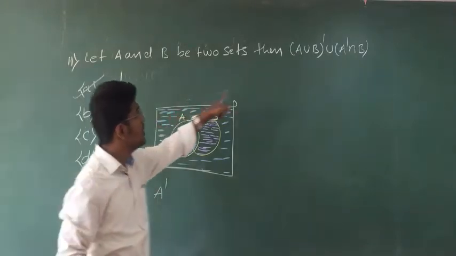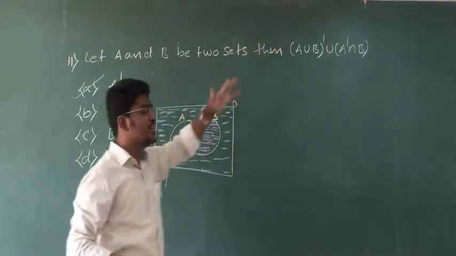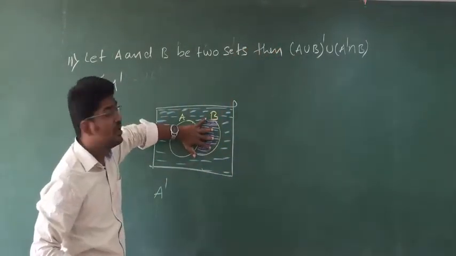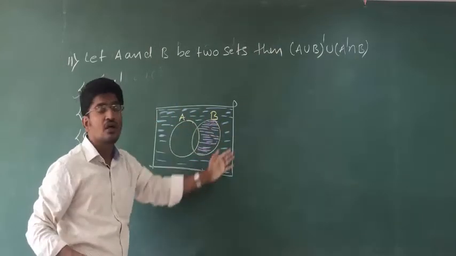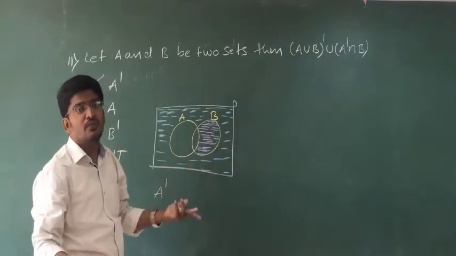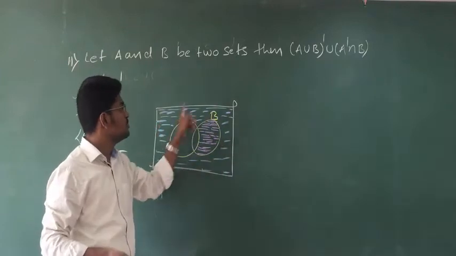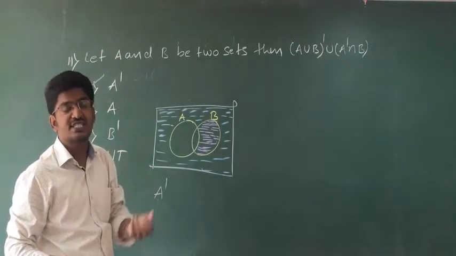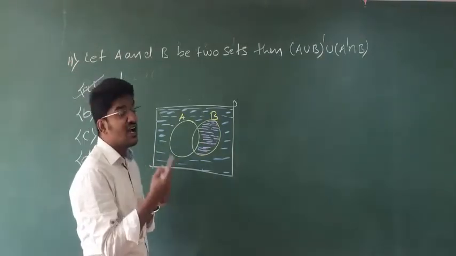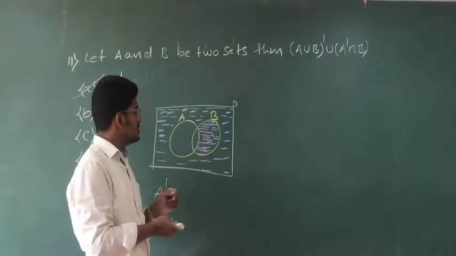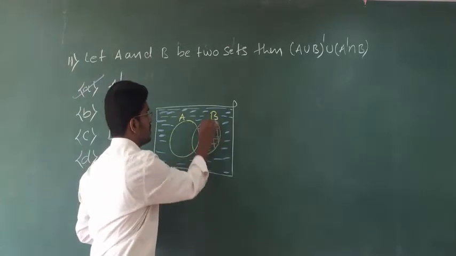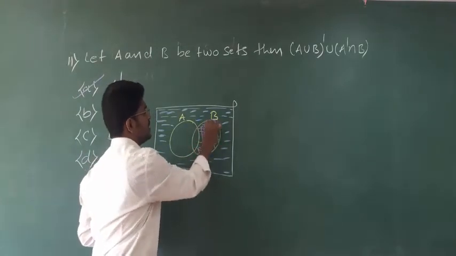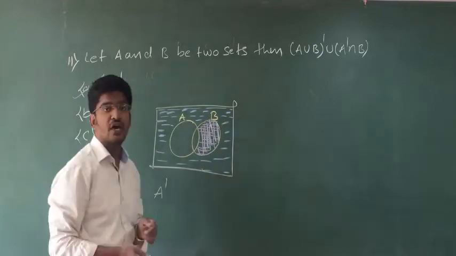First you draw A union B complement. That means you leave A union B. You shade the A union B whole complement, that is with blue. That is your A union B complement. Next you draw A complement intersection B. So this particular portion will be A complement intersection B. Okay.